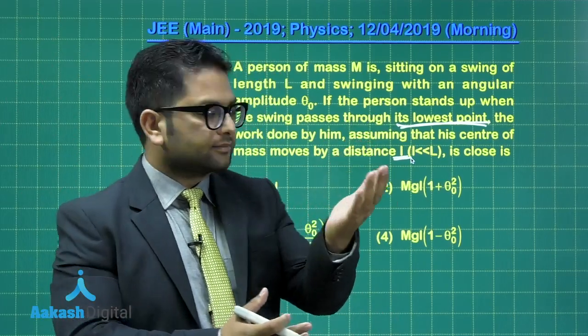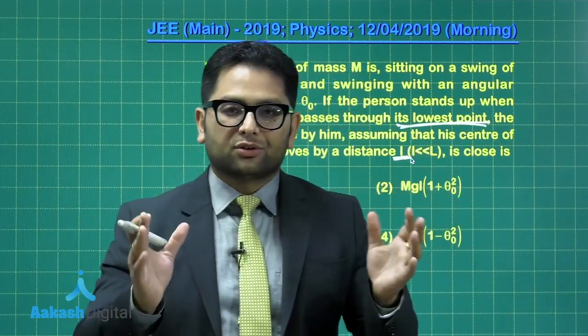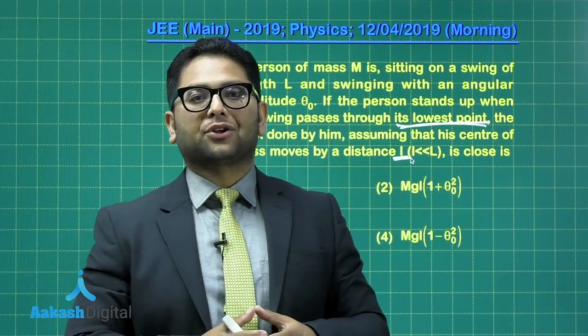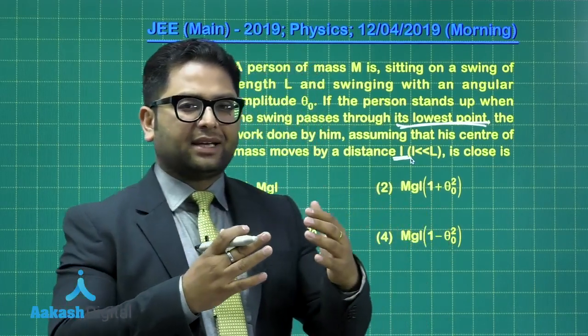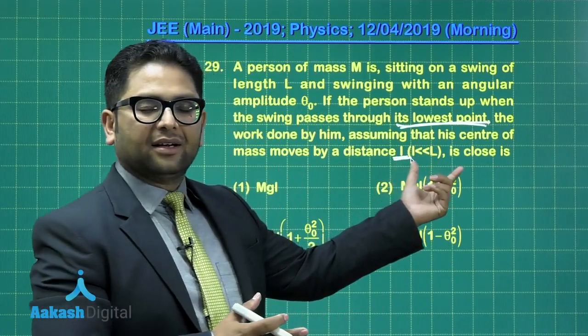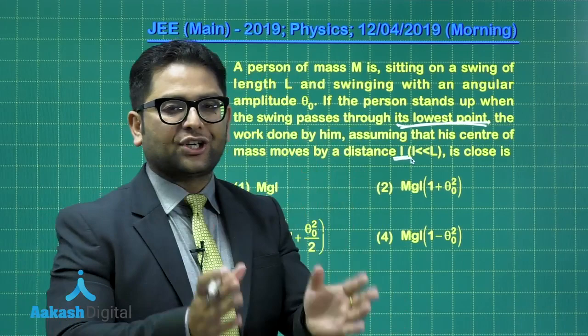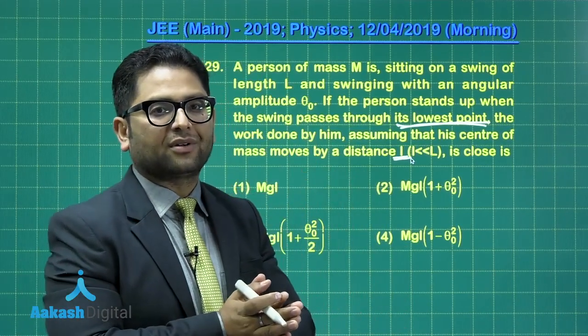stands up. Well, in this case, the speed would change, and if you really want to find that, you'll have to use angular momentum conservation. But the change in speed can be almost negligible given the fact the radius of the man would change, but will change by a very, very small amount.